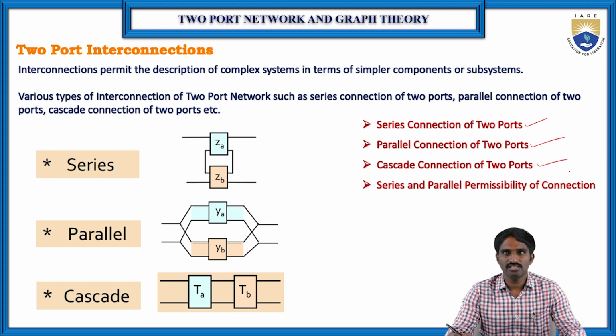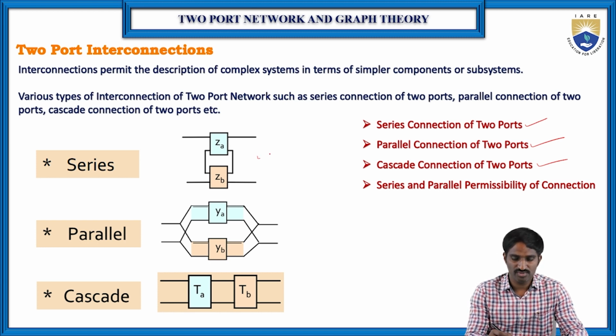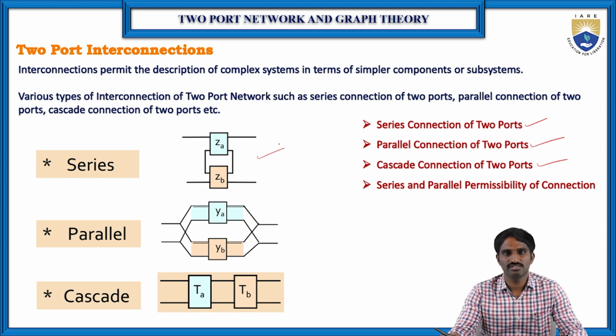When we connect two or more networks in series, what are the resultant network parameters? That we will discuss here, and we will develop the relation. The series connection is something like this, because the series connection is nothing but one common point between the two networks.